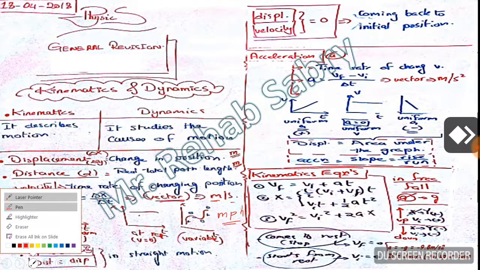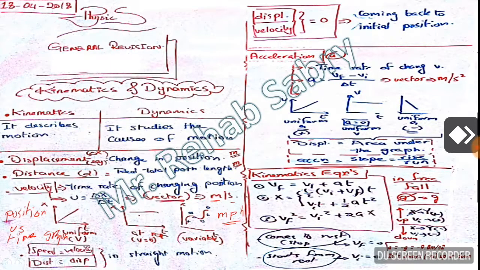What is meant by slope? Let's remember. Slope is rise over run. If you make position here and time here, the slope is v.